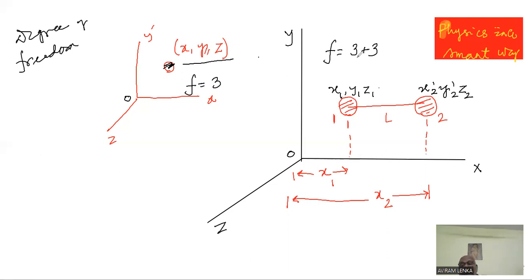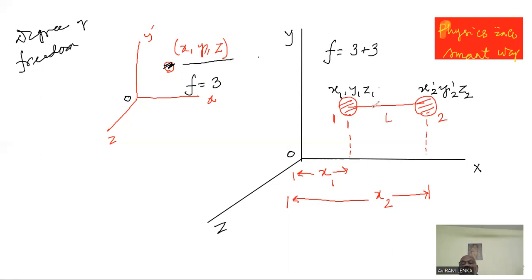But no, we have to be careful. Just look at the thing. The degree of freedom should take into account the independent coordinates, not the dependent ones.